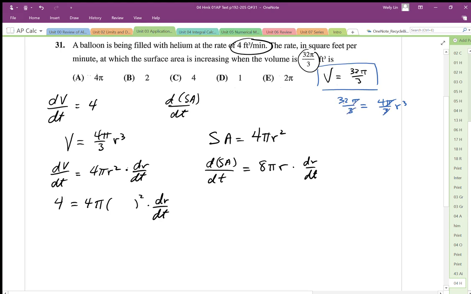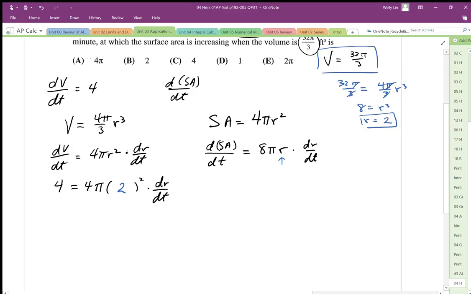In this case, 32 divided by 4 gives me 8, so r cubed is 8, and r is equal to 2. So I can substitute r equals 2 into that position there, and I can solve for dr/dt. Furthermore, when I need the r in the second equation, I can substitute the r there.